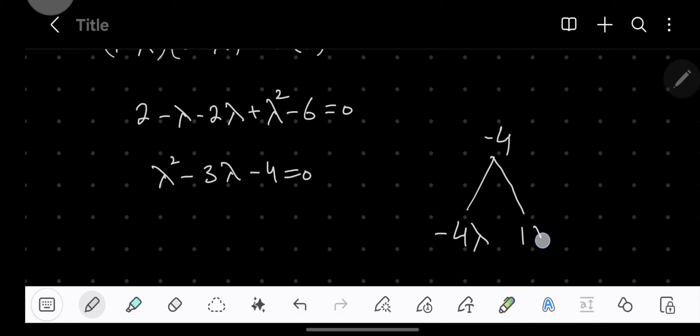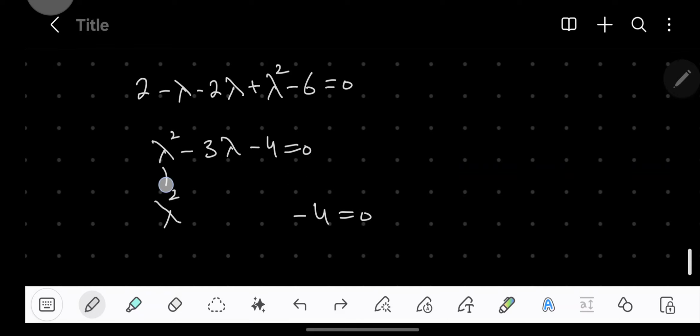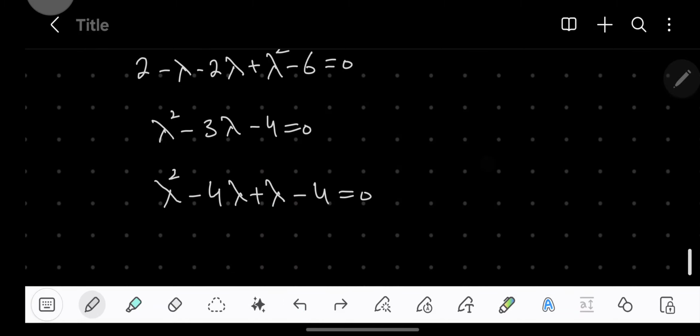Here you will write lambda and here you will write lambda. So instead of negative 3 lambda, we will put this value and this value. I will put lambda square as it is. I will put this 4 as it is. But instead of this value, I will put these two values, which were the factors of negative 4.